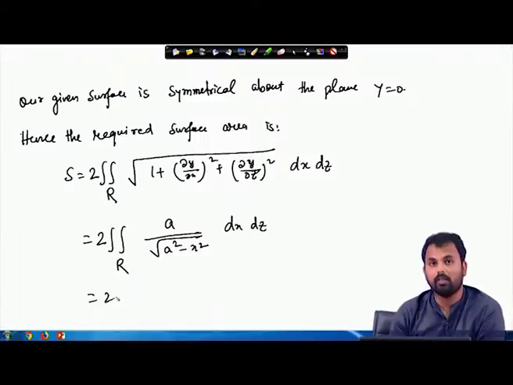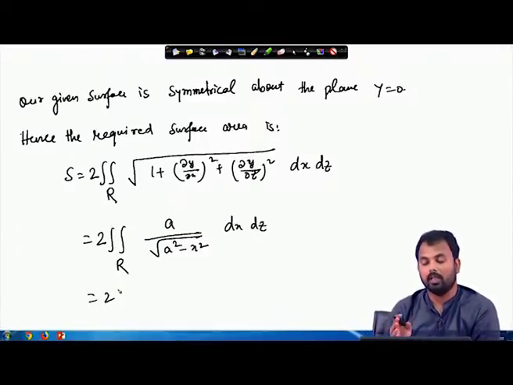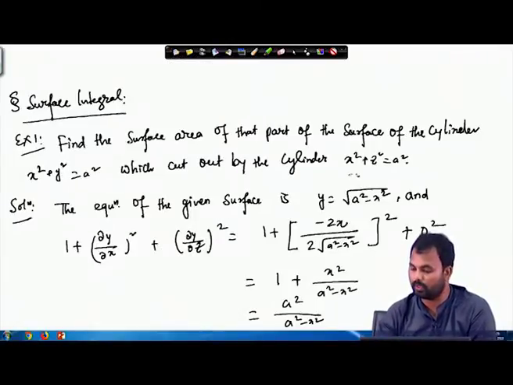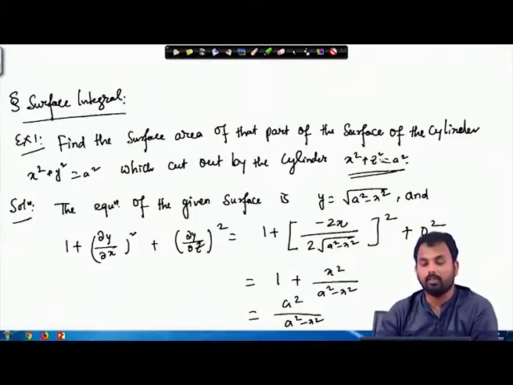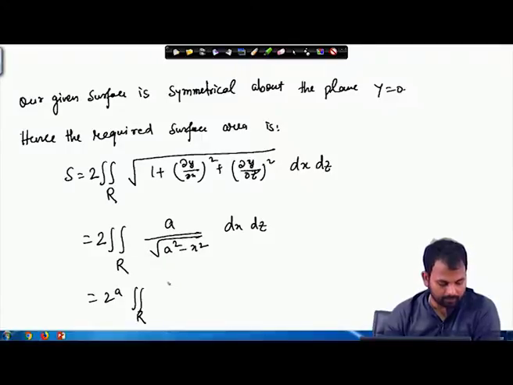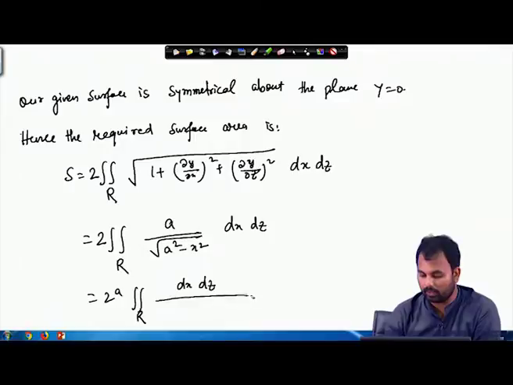Now the projection on the xz plane for this cylinder is this one, and therefore we can write 2a times the integral over the region R of dx dz divided by square root of a square minus x square.